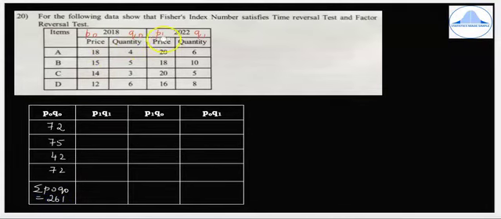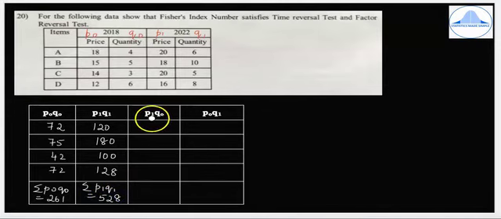Next, find out P1 Q1. That is 20 into 6 is 120. Similarly, 18 into 10 is 180. Then you'll get 100 and 128. Add up these values, that will give summation P1 Q1, which is equal to 528.